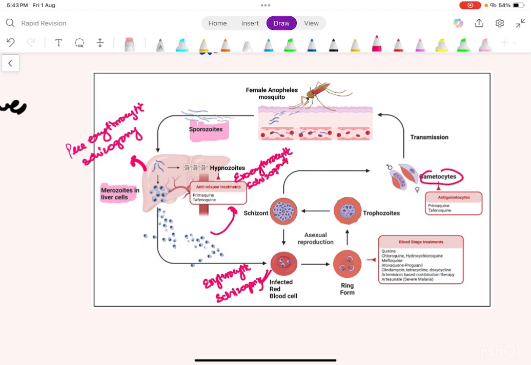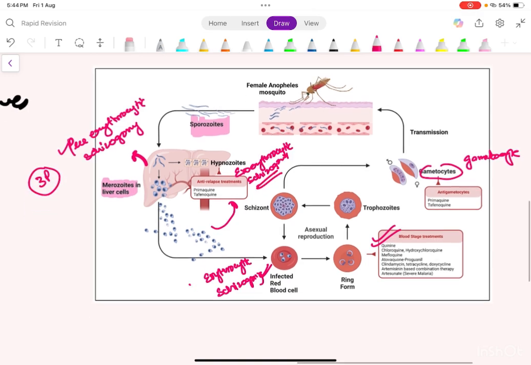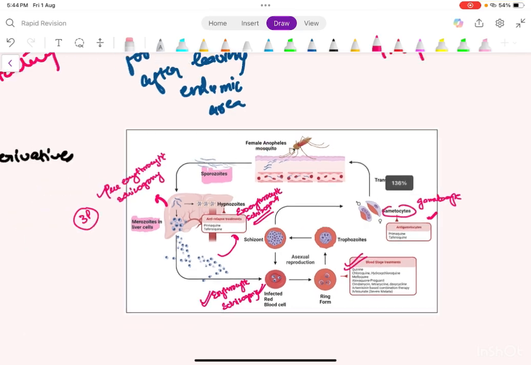Then this is the gametocyte phase that we block. I told you first is pre-erythrocytic, so you have basically the three P's. Then exoerythrocytic, the one that causes relapse. Then erythrocytic schizogony, most important: chloroquine, mepacrine, quinine and all. Then gametocyte, primaquine. So this covers most of the malarial drugs.